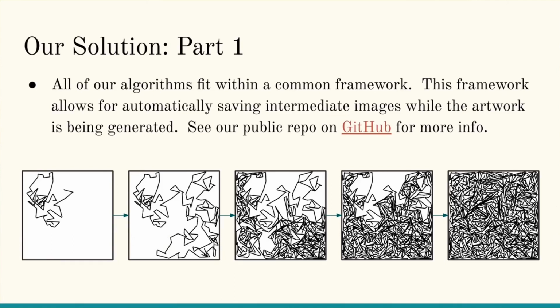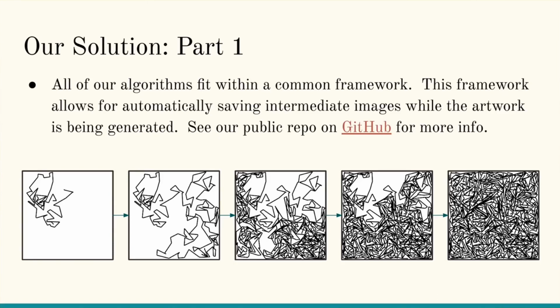So you can see 5 different snapshots here at different points in time while the algorithm was generating this image. And this was a real image where I really took snapshots of one of the algorithms, or what the canvas looked like at different points in time.